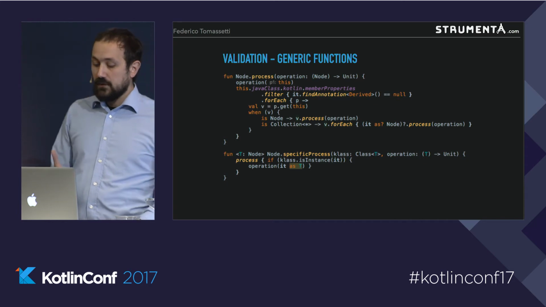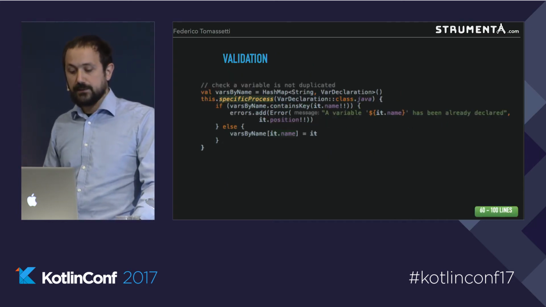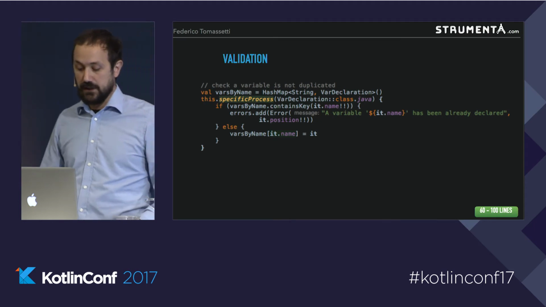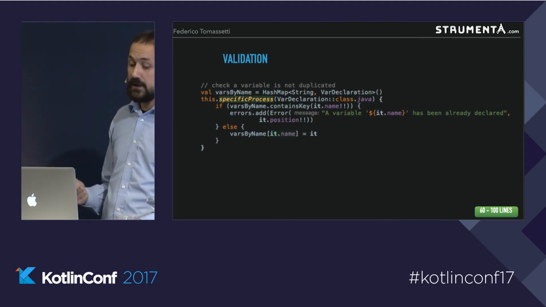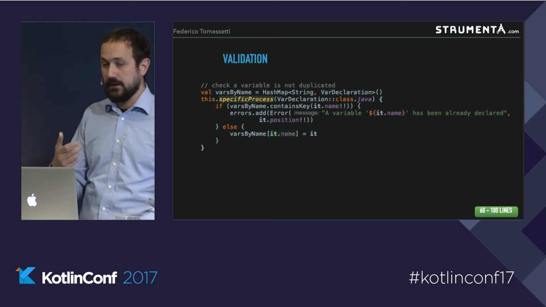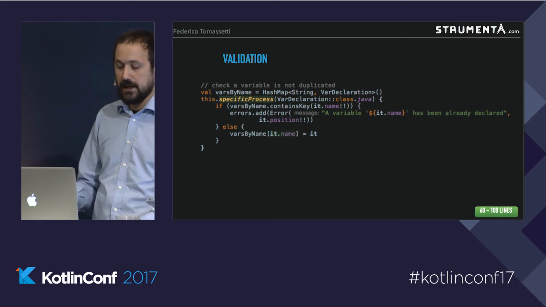This is how we can use these methods in practice. In this case, we specify a call to specificProcess, and we want to catch all the variable declarations. And for all the variable declarations, we want to verify if we have already encountered a variable with that name. If that is the case, we want to trigger an error.